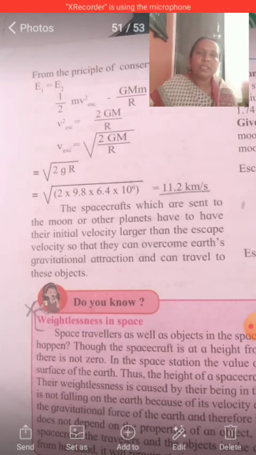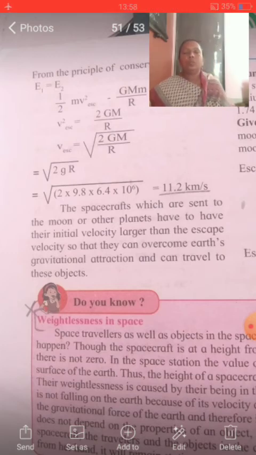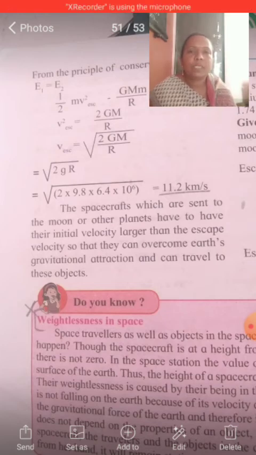Their initial velocity is much greater than the escape velocity, so they can easily overcome the Earth's gravitational attraction and can travel to these objects. It means escape velocity is needed for the objects or spacecrafts to move away from the Earth's gravitational force area.